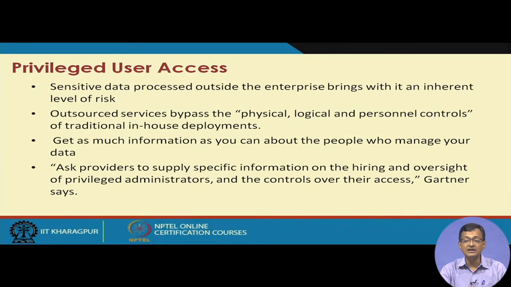Gartner says to ask the provider to supply specific information on hiring and oversight of privileged administrators and controls over their access. But still, an organization may feel insecure as it loses a number of controls to the provider.